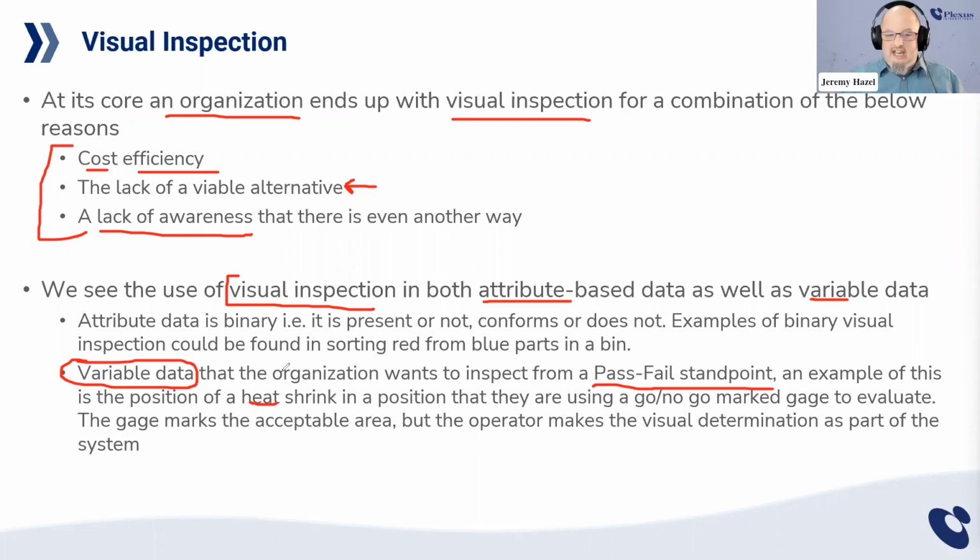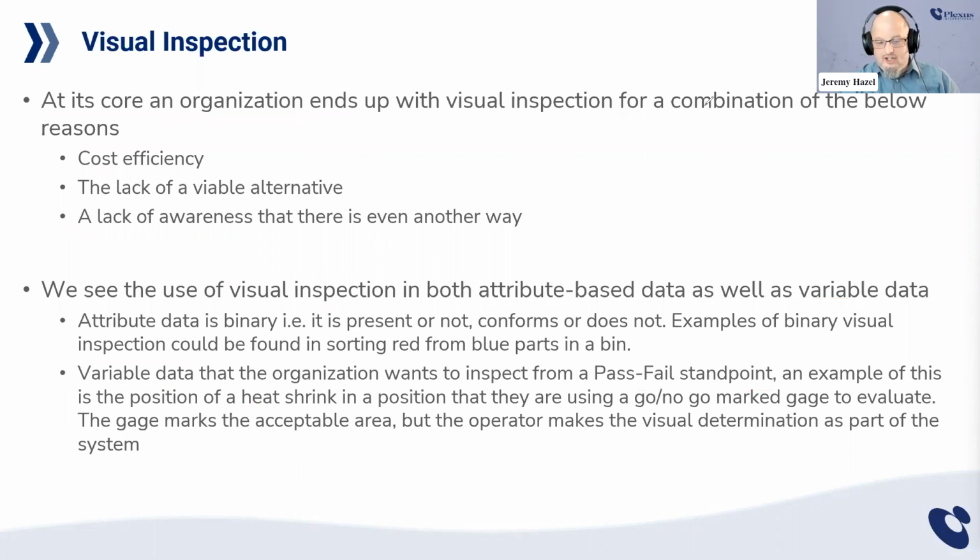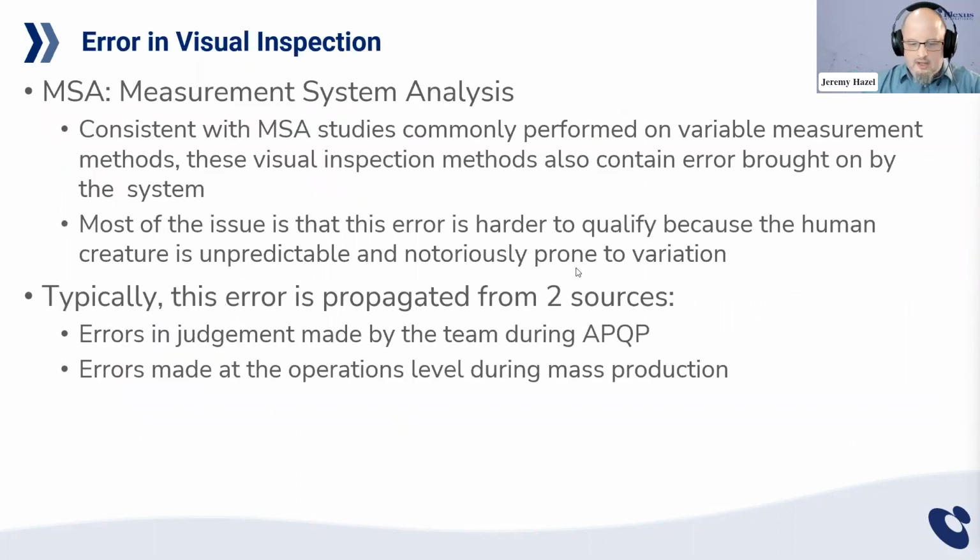But we chose in mass production to hold it up to a gauge and visually check if it matched up to an area of blue on the gauge. So we chose to say good or no good, even though we could, through other means, gather variable data. So organizations end up, due to cost, due to viable alternatives, or due to the fact they don't know there's something out there, using visual inspection for both attribute style data as well as variable.